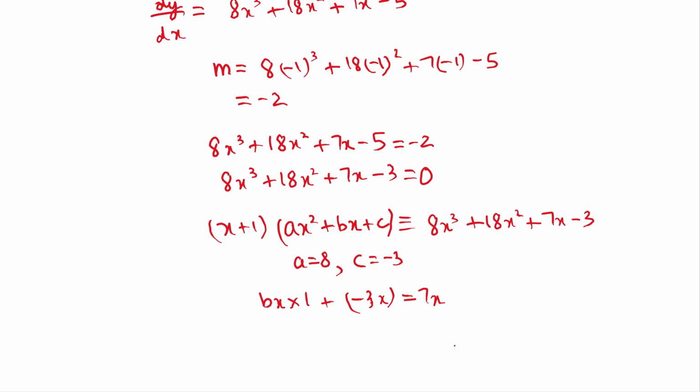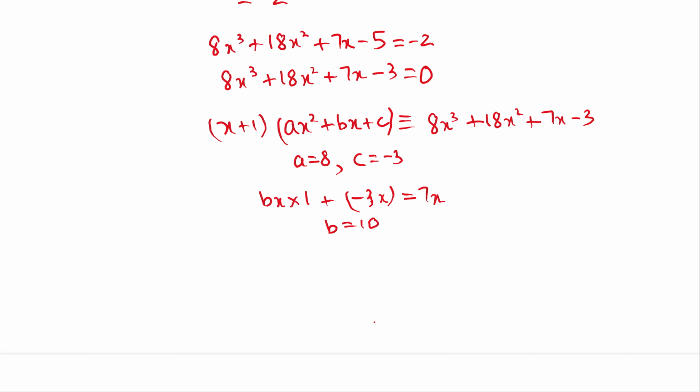Now from here, if I solve for b, b will equal 10. Now we have a quadratic factor, that is x plus 1 as it is, and ax squared plus bx plus c, which is now 8x squared plus 10x minus 3, and this is equal to 0. To cross check, you can expand the brackets, multiply, and you will get this same expression.